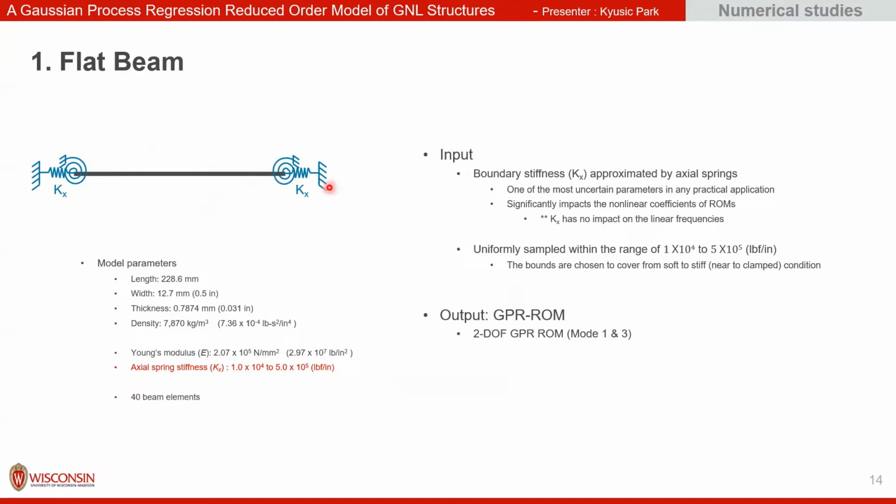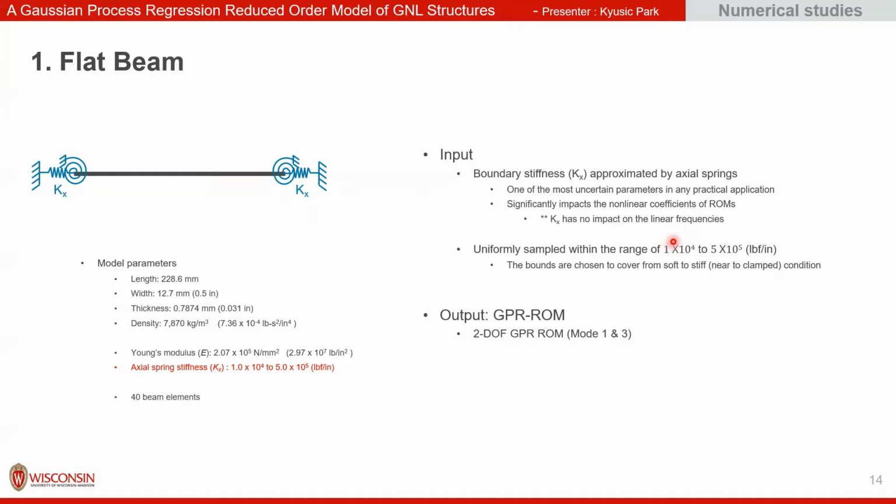In this case study, the GPR ROM incorporates the variation of boundary stiffness, here Kx, which would be one of the most uncertain parameters to model the beam structure. So a wide range of boundary stiffness from soft to nearly clamped was considered. And within the given range, the variation of the stiffness significantly impacted the nonlinear coefficients.